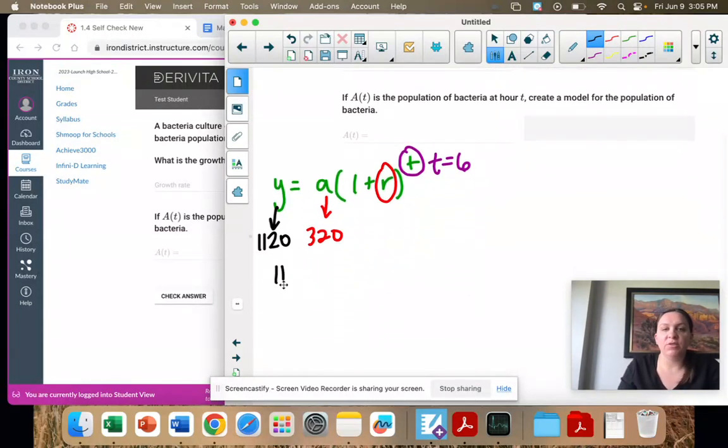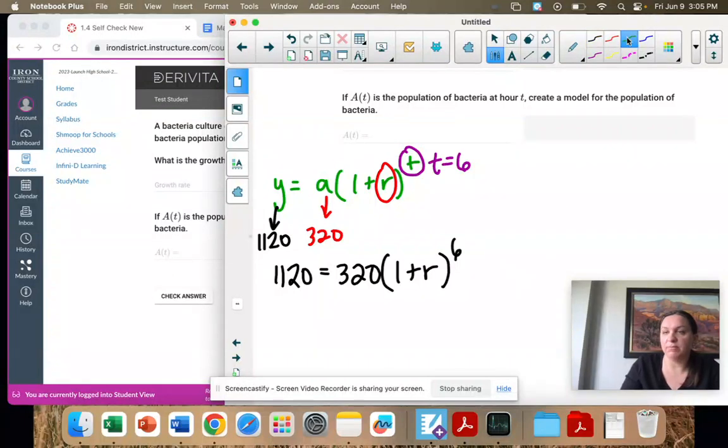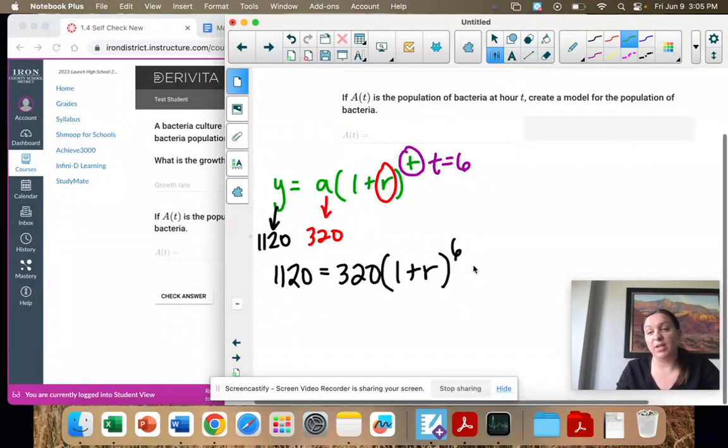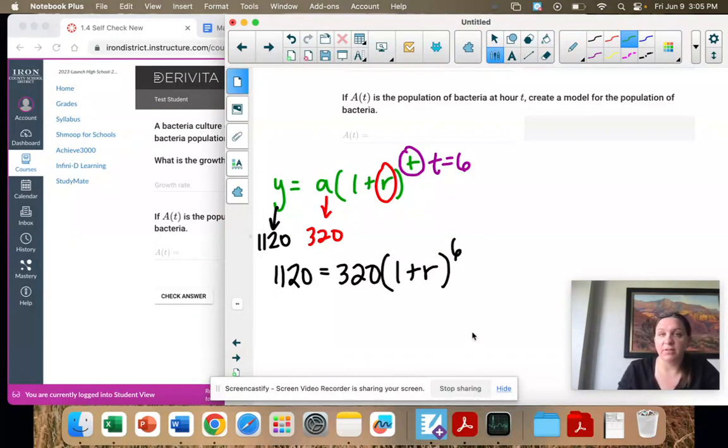So 1120 equals 320 times (1 plus r) to the 6th power. We need to solve for r. So this is new. We haven't done this before, but this whole thing is 320 multiplied by that. So to get the 320 on the other side, we're going to divide by 320.